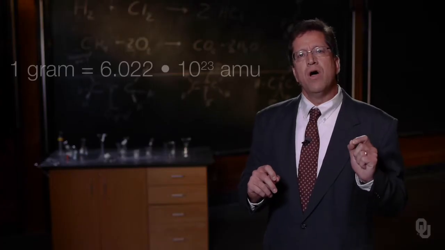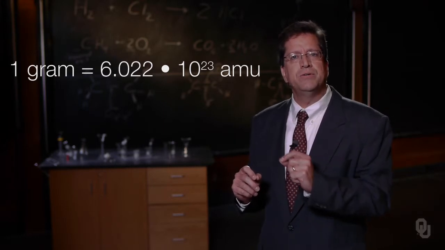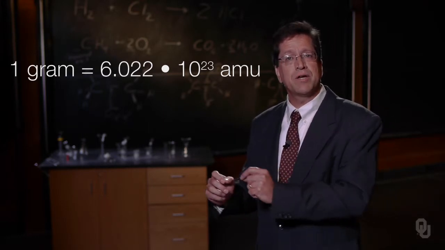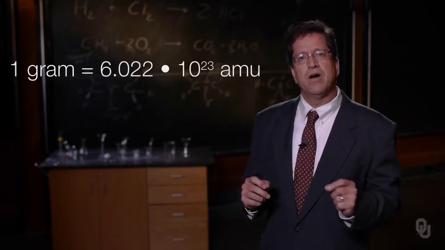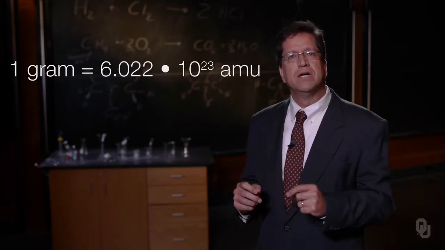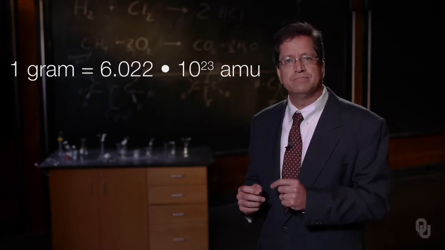It's what we call an isotope of carbon. It's the most abundant isotope of carbon. It has 6 protons and 6 neutrons. Now, because 1 gram is equal to 6.022 times 10 to the 23rd atomic mass units, it follows that 12 grams of carbon-12 atoms is equal to 1 mole of carbon-12 atoms.